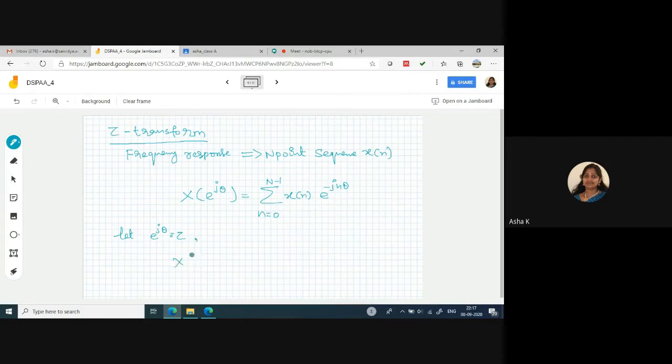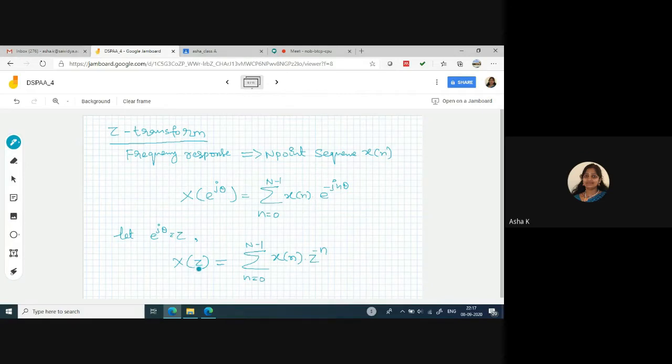Now just observe X of z in z domain is equal to summation 0 to N minus 1 of x of n into z to the power minus n, where this X of z is called the z transform of x of n.